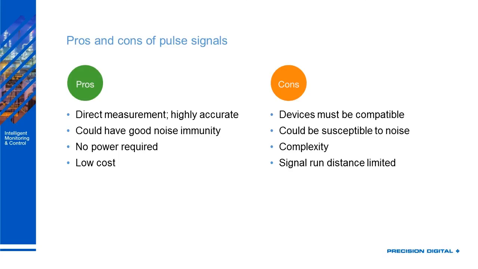It's being generated by a mag pickup in most cases, so it's purely a mechanical action that's generating my output pulse. It may require power. There are likely versions of that meter where I can hook up 24 volts to get a nice powered pulse output. But if I'm okay with a low amplitude pulse, I don't need to bring power out to the field.